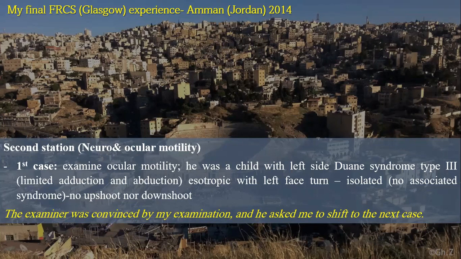You see the exotropia. You check the versions. You document the limitation. You will notice the anisocoria and the direct fixed pupil. You will ask the examiner to turn off the lights to check the pupil reflex, and you will find a direct fixed pupil, and that's it.